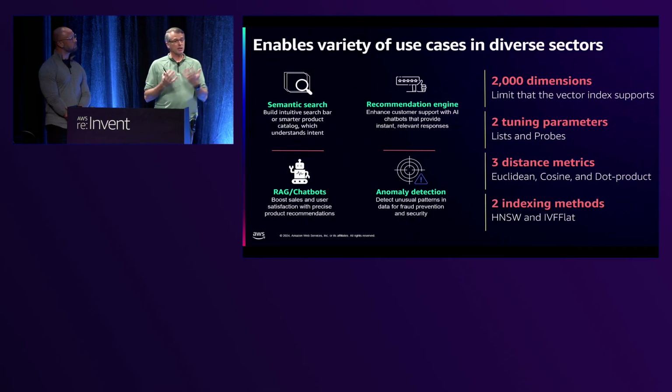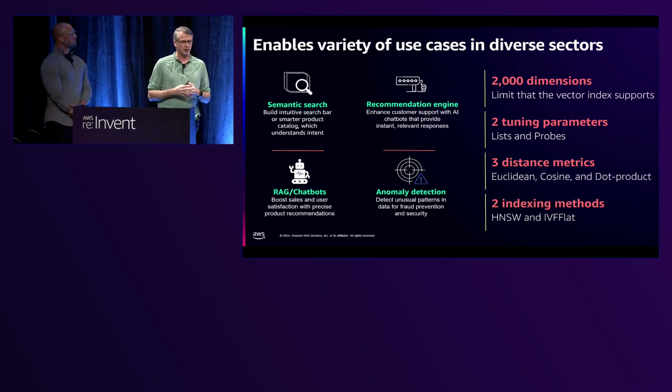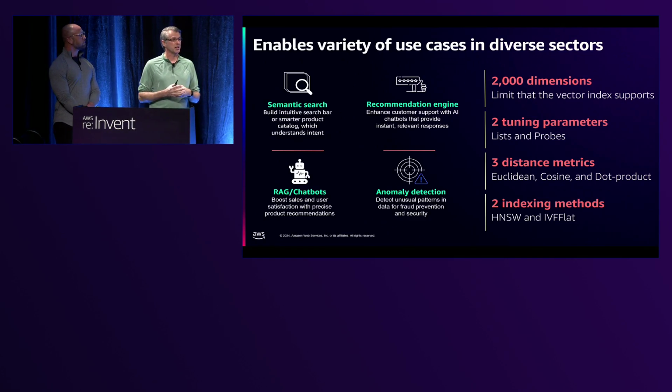All right, so now that we know a little bit more about DocumentDB and some of the capabilities that make it a good choice for these types of enterprise applications, let's focus for a few moments on some specific GenAI use cases that DocumentDB is certainly a good fit for.